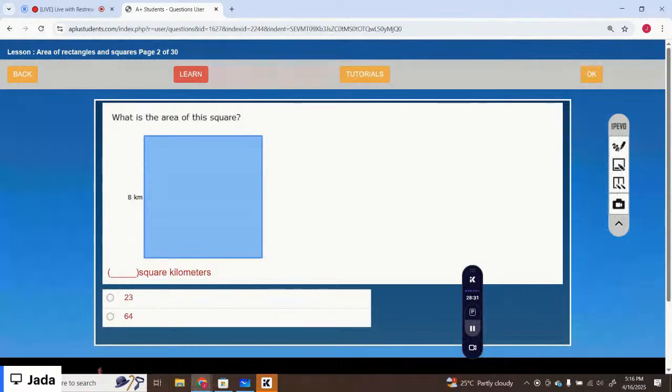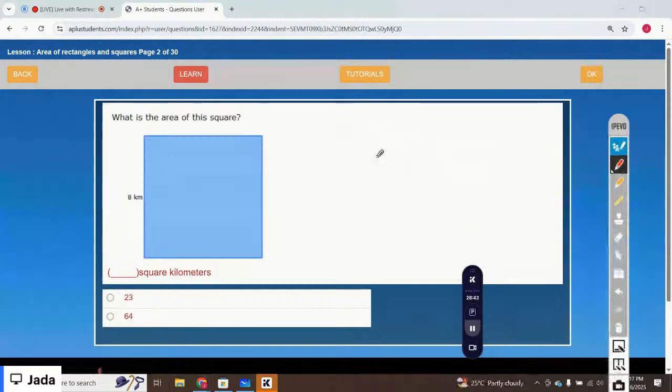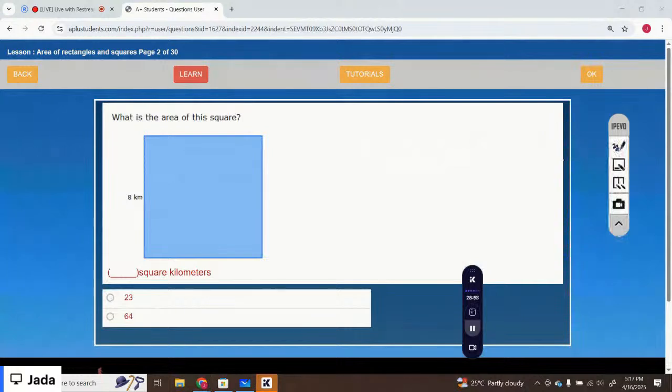What is the area of the square? The area of the square is 8 times 8, that is 64. Option number 2 is the correct option.